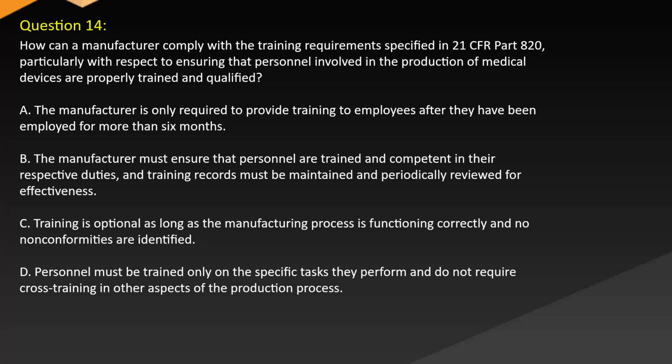B. The manufacturer must ensure that personnel are trained and competent in their respective duties, and training records must be maintained and periodically reviewed for effectiveness. C. Training is optional as long as the manufacturing process is functioning correctly and no nonconformities are identified. D. Personnel must be trained only on the specific tasks they perform and do not require cross-training in other aspects of the production process.